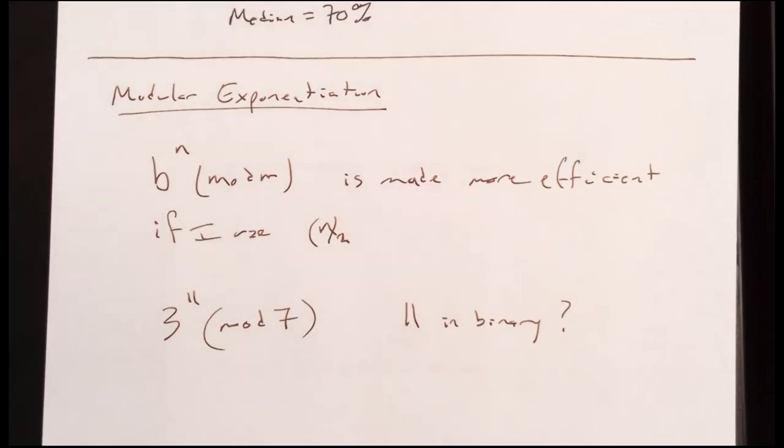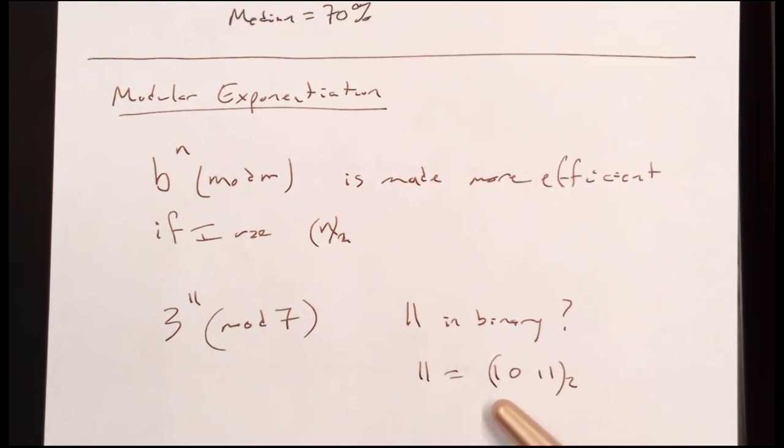What is 11 in binary? Now, if I think of these as powers, that's 1's digit, 2's, 4's, and 8's. Those are repeated squarings.